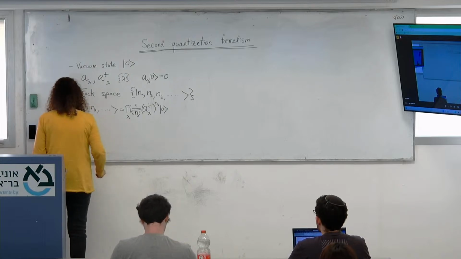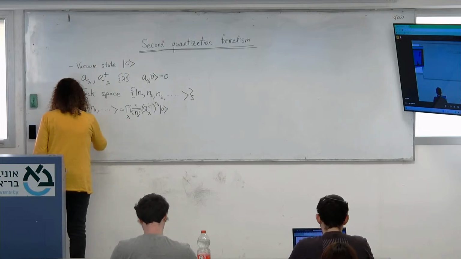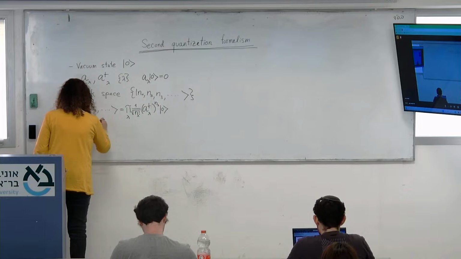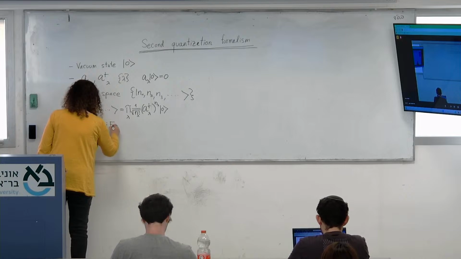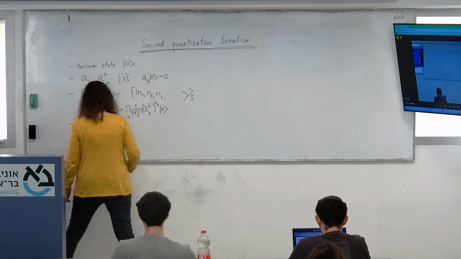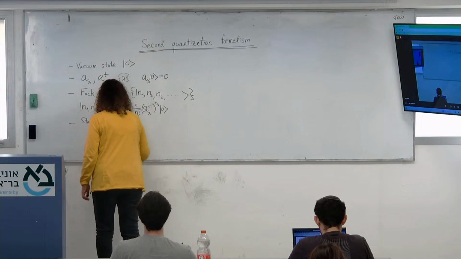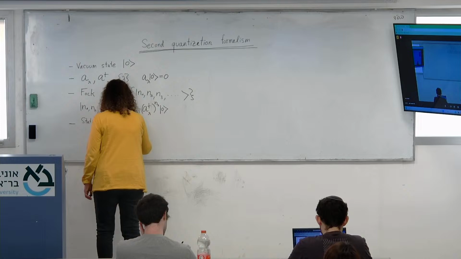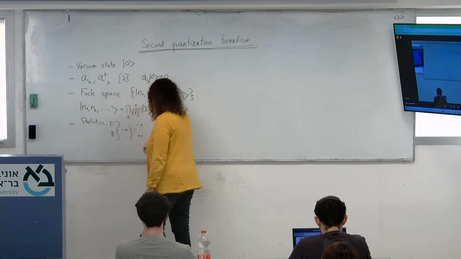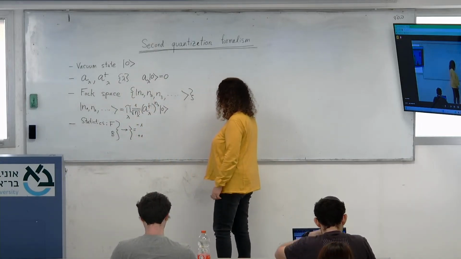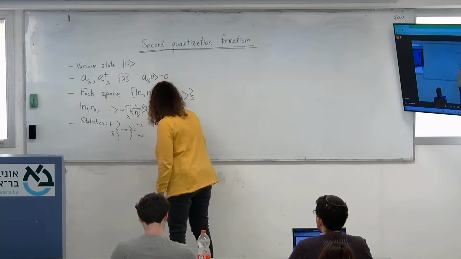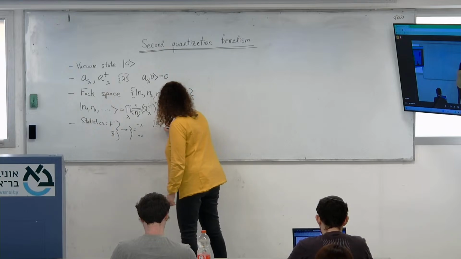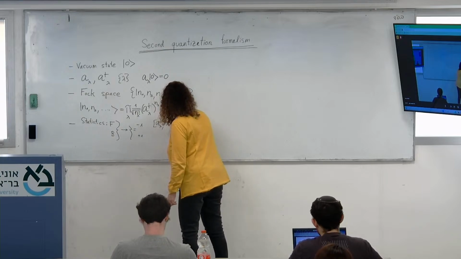So for fermions or bosons, we define the parameter zeta, that is -1 and +1 for fermions and bosons respectively, and the annihilation and creation operators obey the following rules.